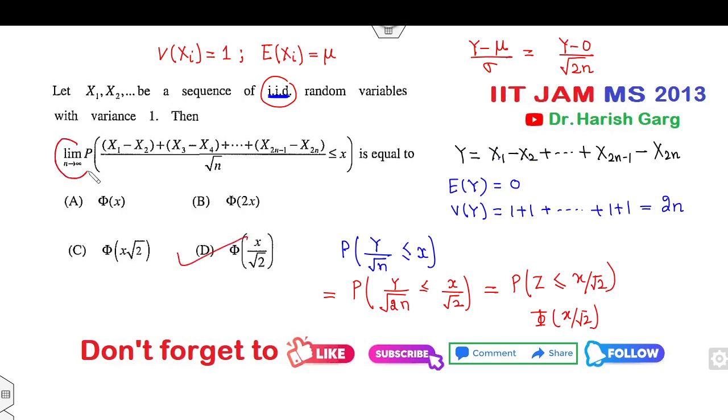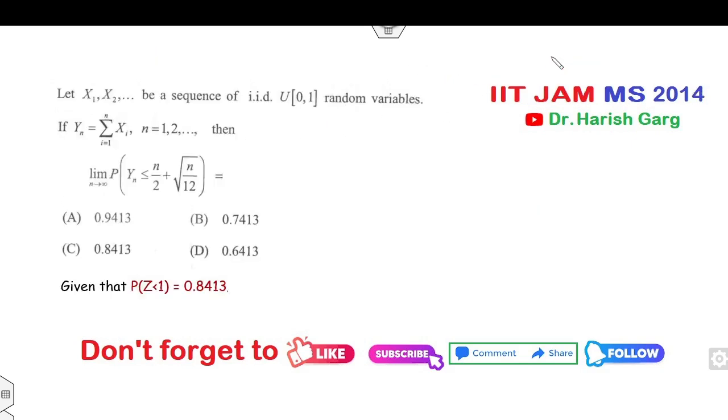Whenever there is a problem of the limit n approaches infinity, always apply the central limit theorem, and the target is to write in this form. Again, xi follows a uniform distribution and they are given to you as IID. Can you find the mean of xi?